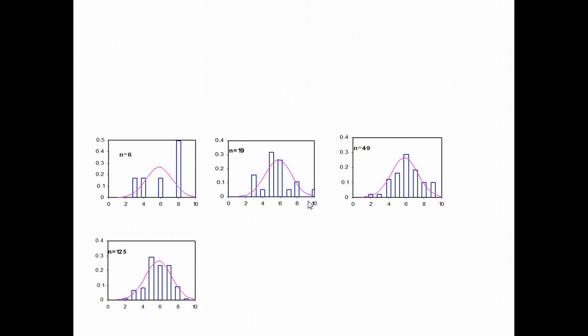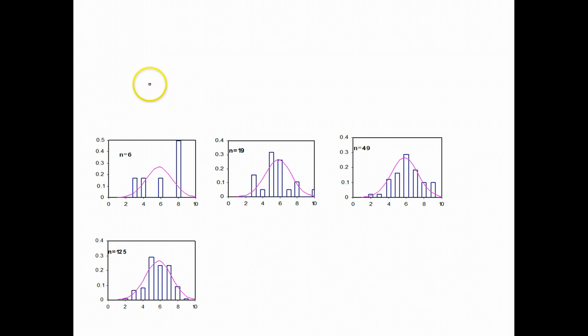Another thing we mentioned was that your sample is something you have to do practically. You can't always measure an infinite number of samples and get the entire population. So that's why you end up using a number of measurements to make a sample set, which you use for your histograms. And we saw how, as you increase the total number of samples from 6 to 19 to 49 to 125, the shape of the histogram begins to look a lot more like the Gaussian.